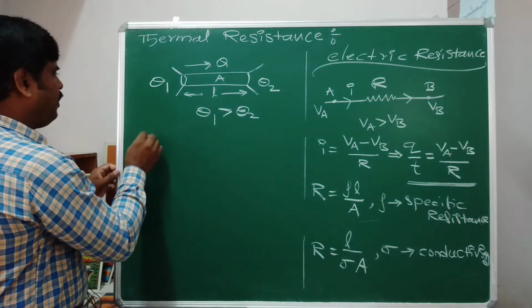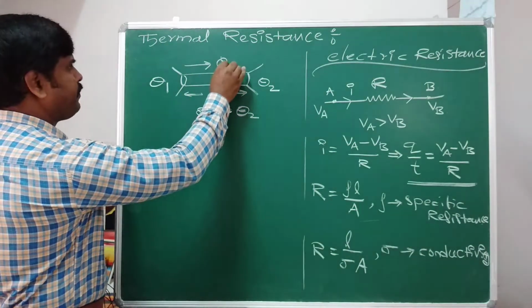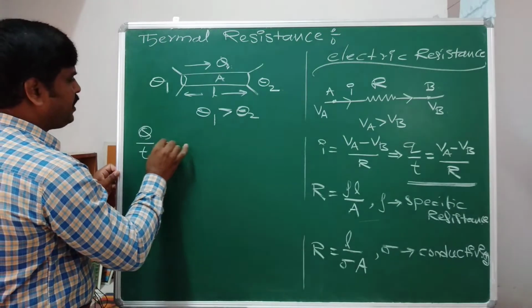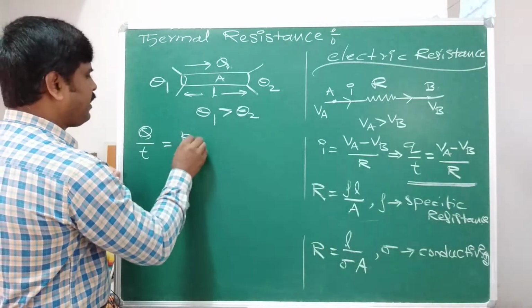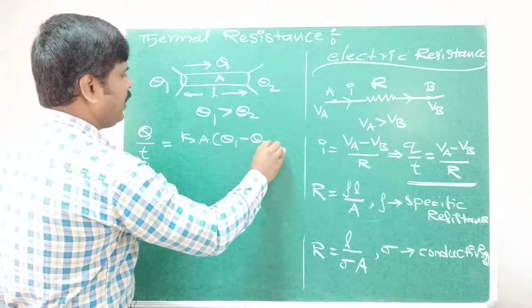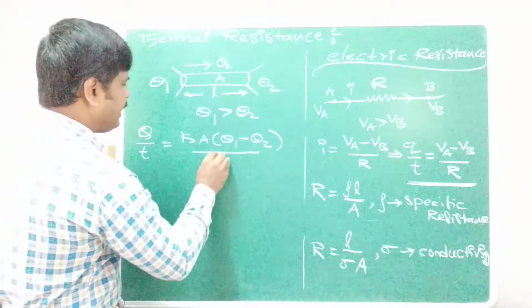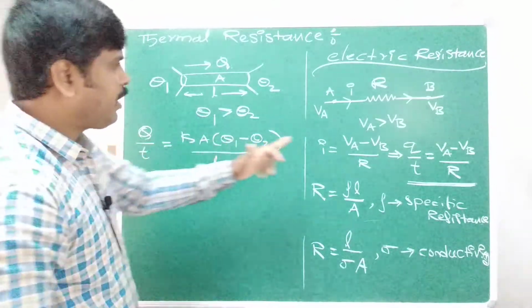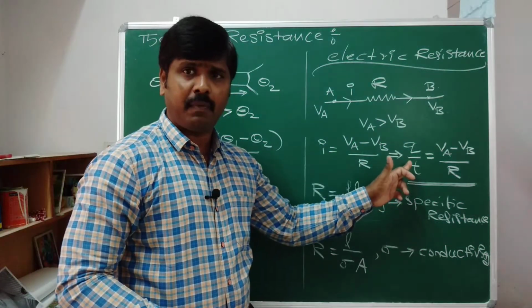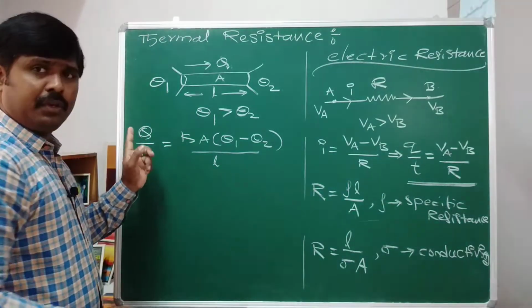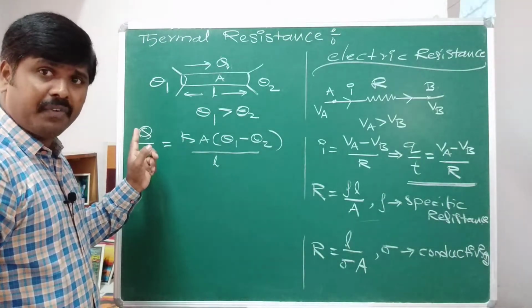So here Q is the heat flow. Q divided by T is equal to K A theta 1 minus theta 2 divided by L. Rearranging this equation: here small q by T is the rate of flow of charge, and capital Q by T is the rate of flow of heat.